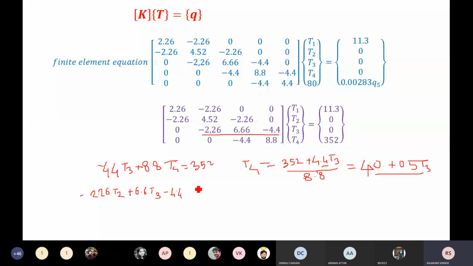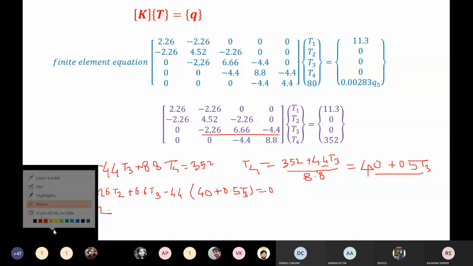For T4 I am going to write this term, that is 40 plus 0.5 T3, and this equal to 0. Okay, this equal to 0. Now it becomes 2.26 minus 2.26.